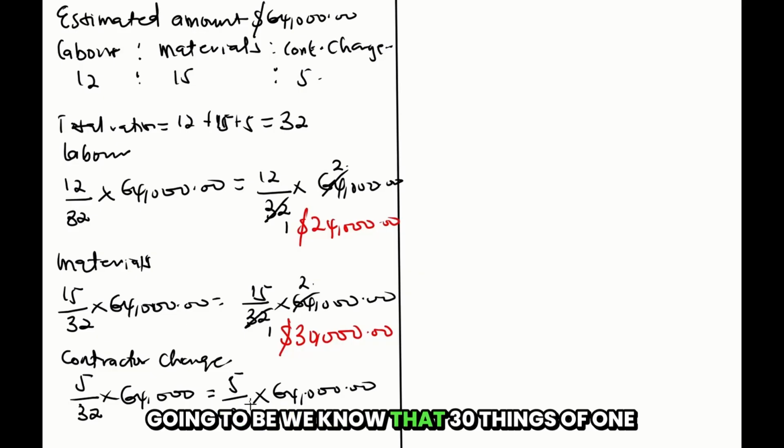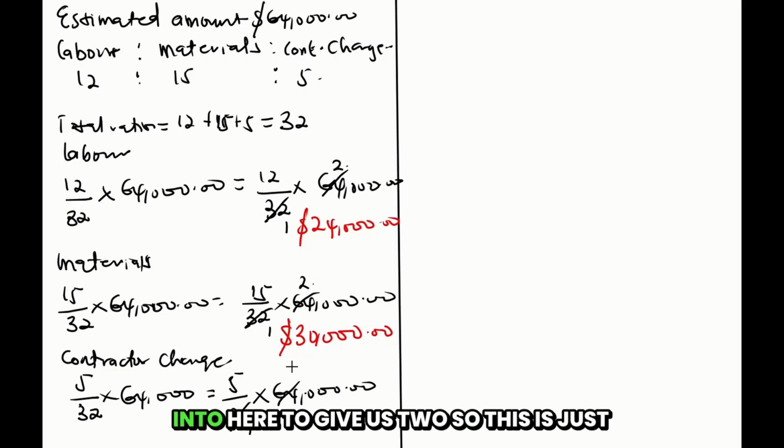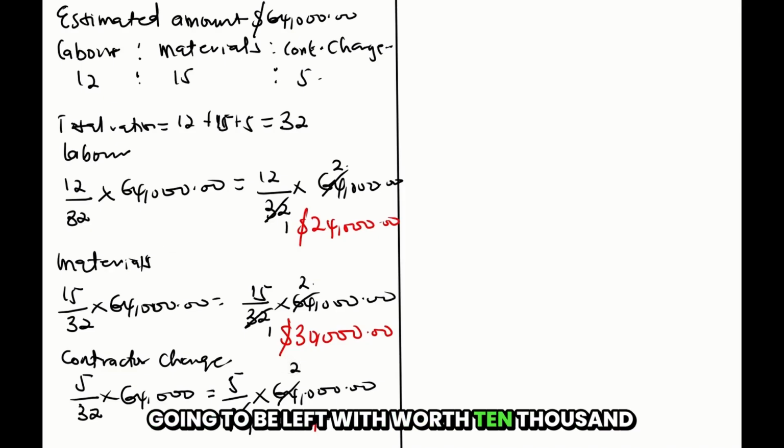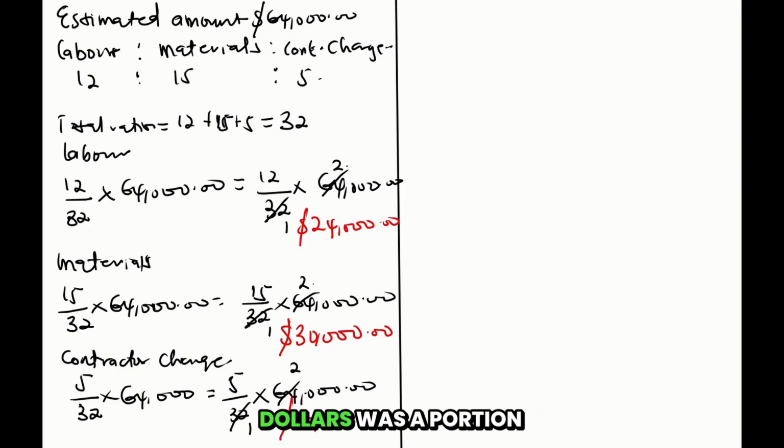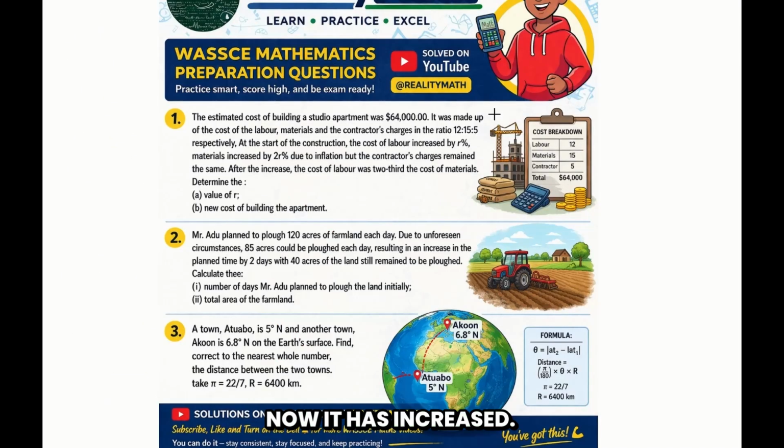We know that 32 goes into 64 to give us 2. So we are left with $10,000. It means that $10,000 was apportioned for contractors' charges. Now it has increased.